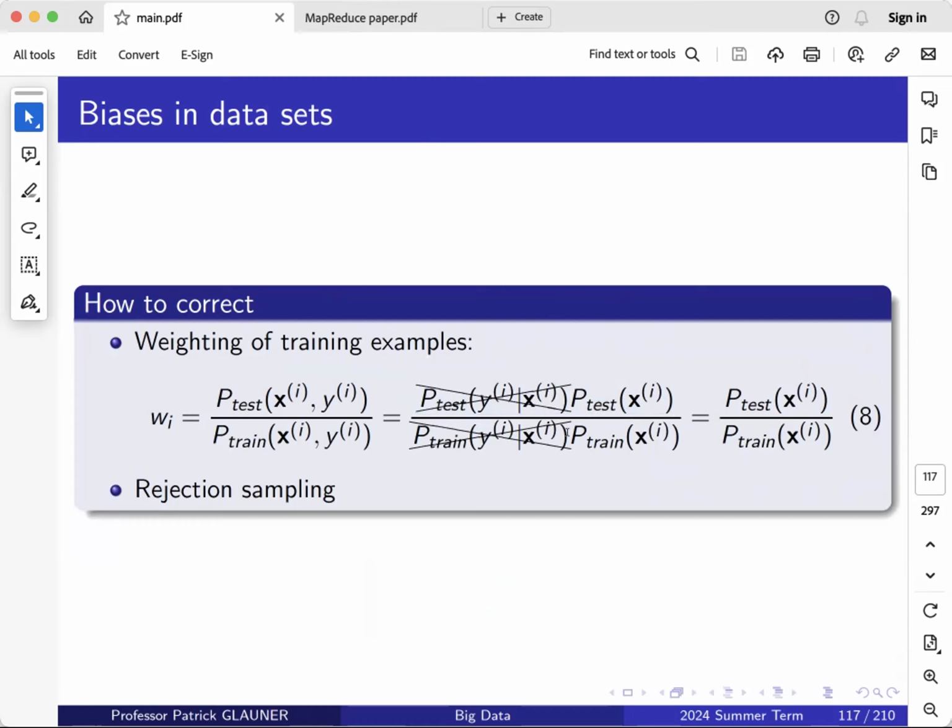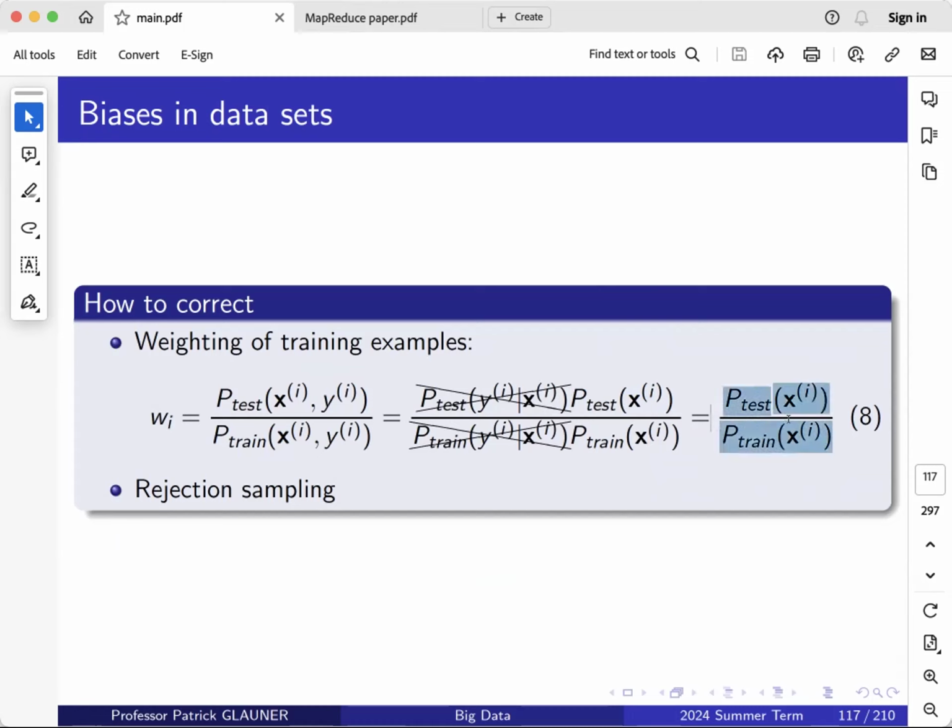So again, I can just cross them out. And what I have left are these prior probability distributions for testing and training, just for the data X, and it has nothing to do with the labels anymore.